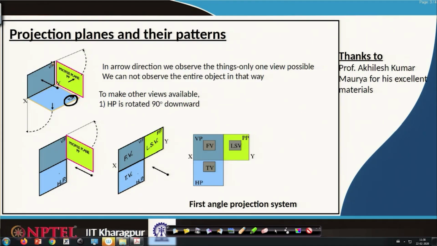Another is the vertical plane, perpendicular to it, and a profile plane, which is on the side of this x y axis. There we learned about first angle projection, in which the profile plane will be rotated by 90 degrees, so that the vertical plane will be at top level, the horizontal plane will be at bottom level, and the profile plane will be on the right hand side.